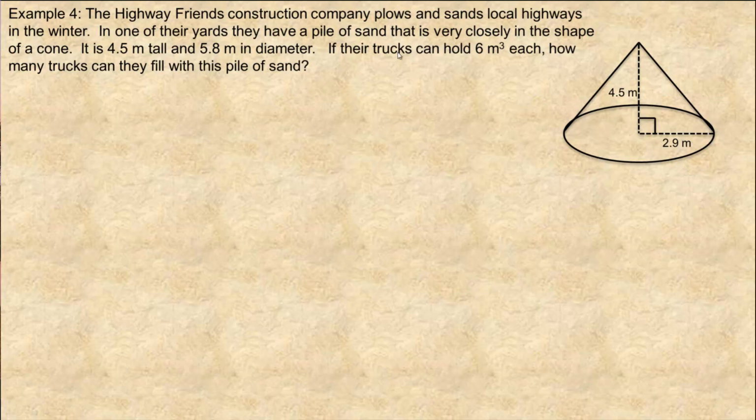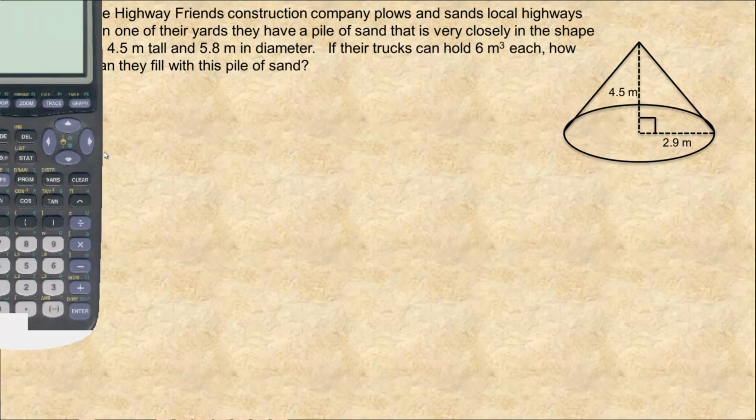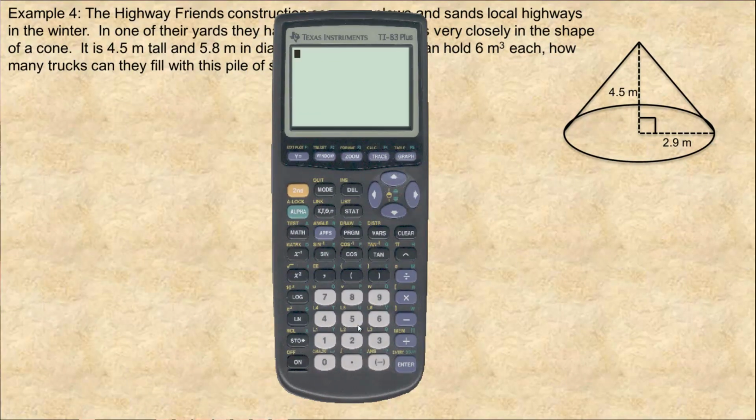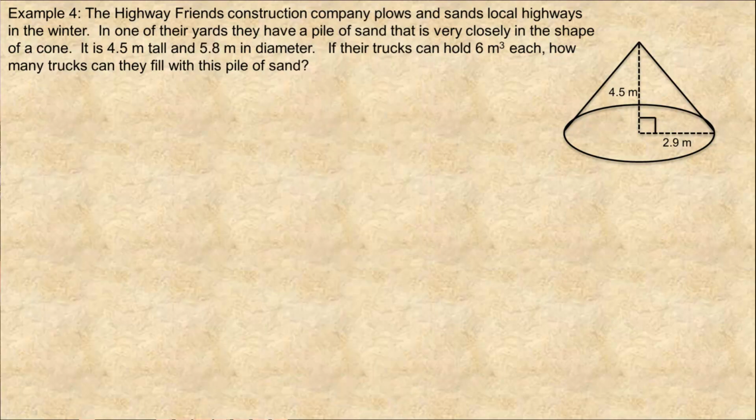So we're asked if their trucks can hold 6 cubic meters each, how many trucks can they fill with this pile of sand? So first of all, if it's 5.8 meters in diameter, for the formula we need the radius. So if we take 5.8 divided by 2, then that's why the radius here is 2.9 meters.